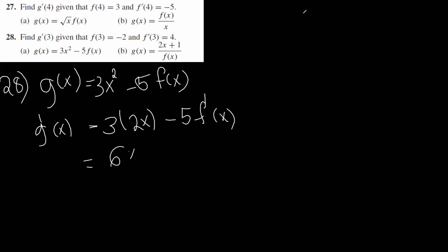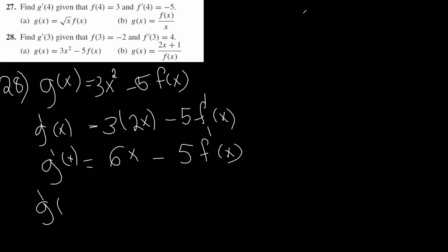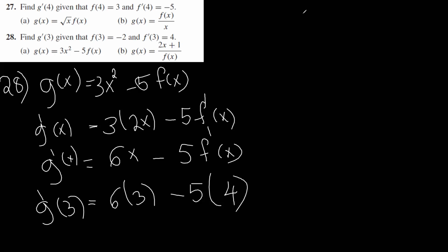So it will be 6x minus 5 f prime of x. This is now g prime of x. I need now to find g prime of 3. So g prime of 3 is 6 times 3 minus 5 times f prime of 3, which is 4. So it is 18 minus 20, equal -2.